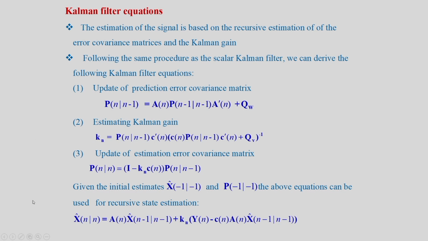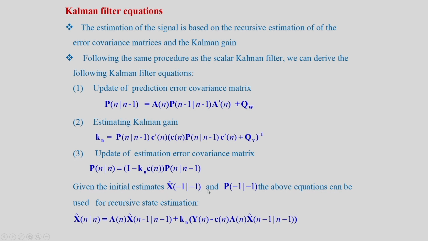Along with this equation, we must have the initial estimate, that is x hat of minus 1 given minus 1, and the estimate for P of minus 1 given minus 1, that is the covariance matrix of the mean square error, one estimate must be there.